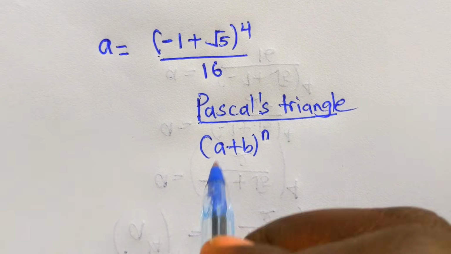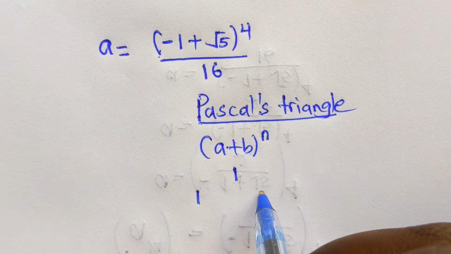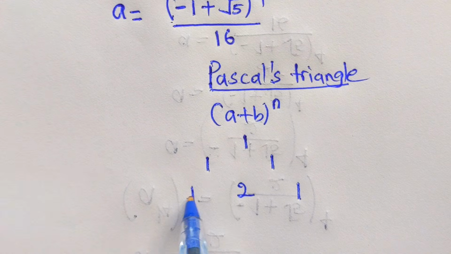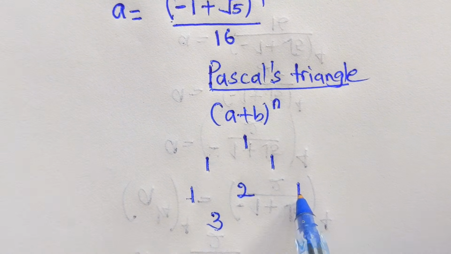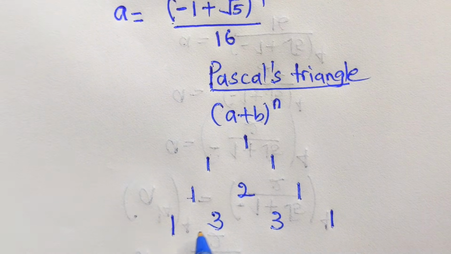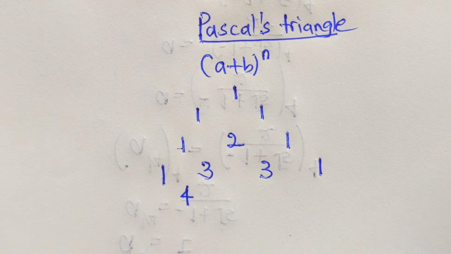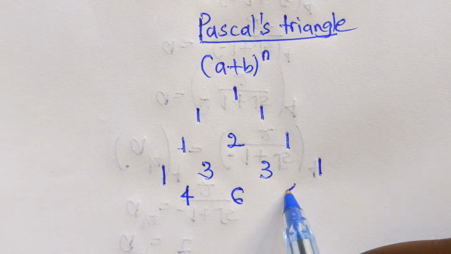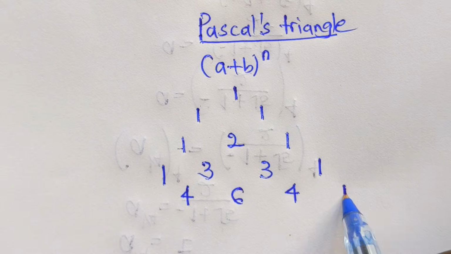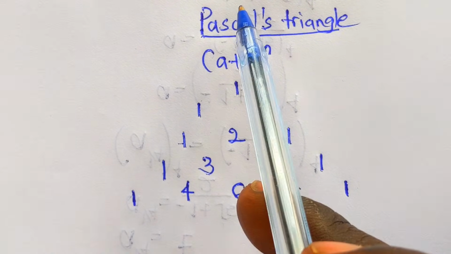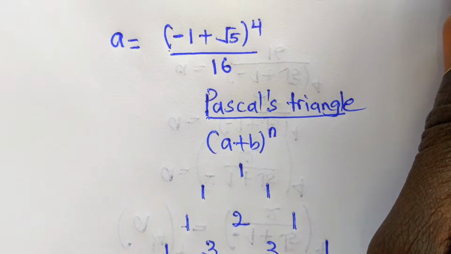This will be 1, 1 and 1. 1 plus 1 equals 2. 1 and 1. 1 plus 2 equals 3. 2 plus 1 equals 3. 1 and 1. 1 plus 3 equals 4. 3 plus 3 equals 6. 3 plus 1 equals 4. And here, 1 and 1. We shall stop here because the highest power is 4.